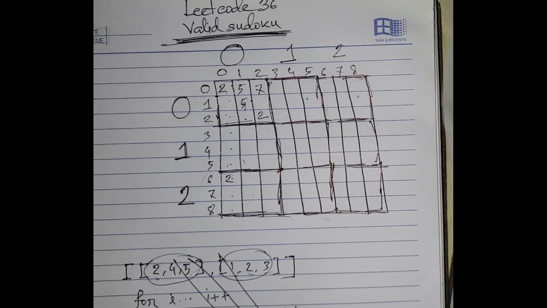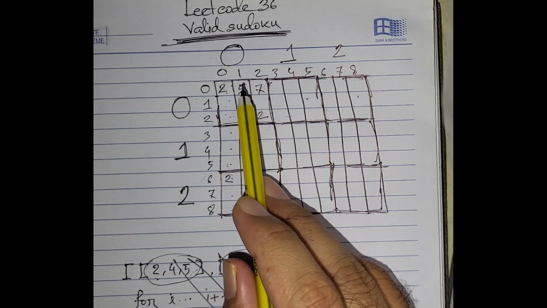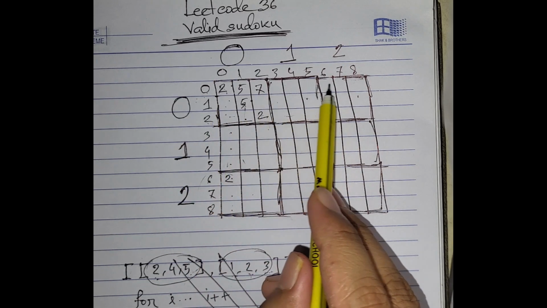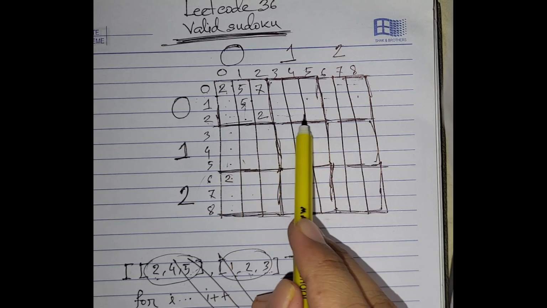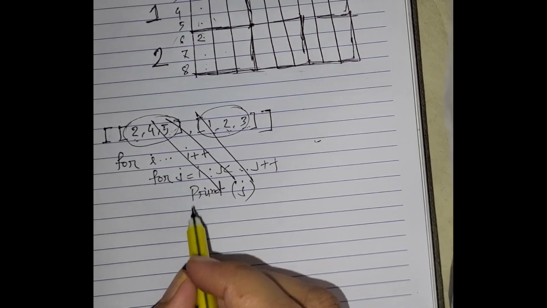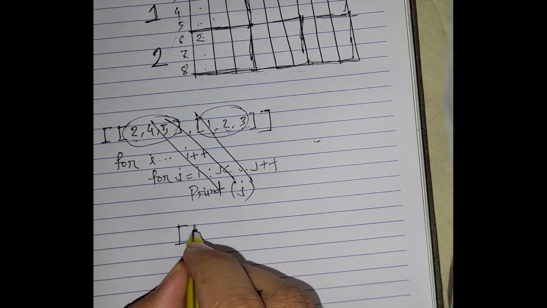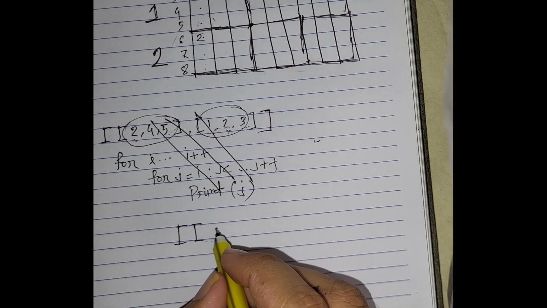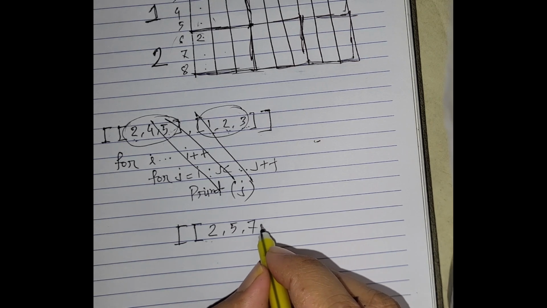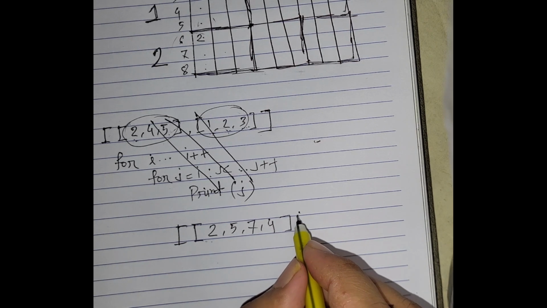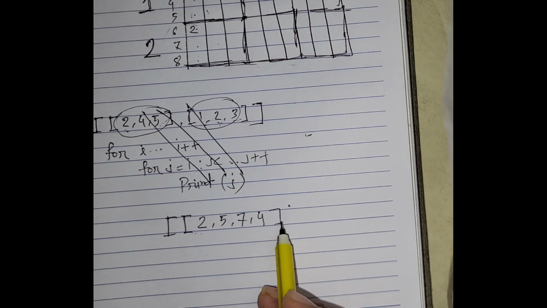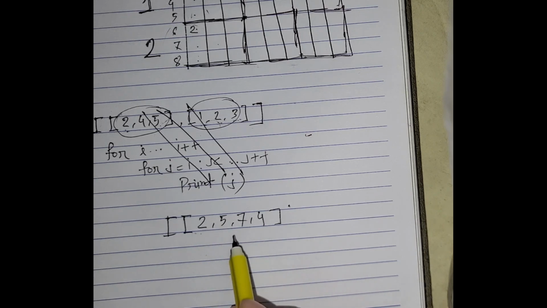Now let us go back to our sudoku. Although visually it looks like a box, but what is it actually? This is one array, this is another array, this is another array. These are just arrays. If I show you, let's say in my first array I have 2, 5, 7, 4, and instead of writing them side by side like I did here, I'm going to write them from top to bottom.